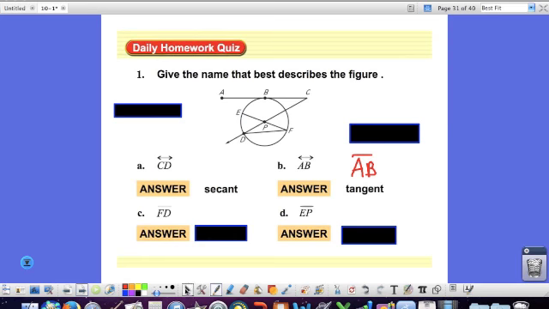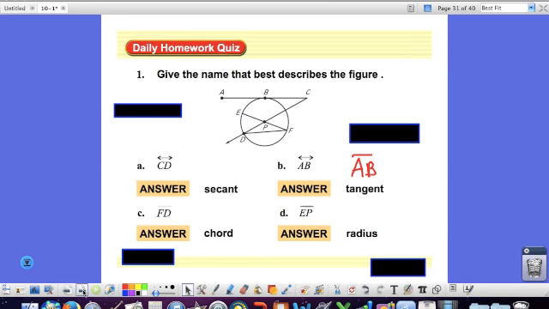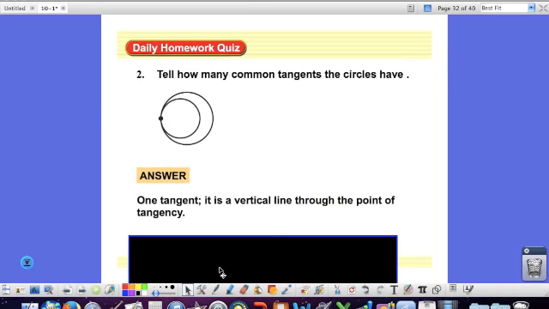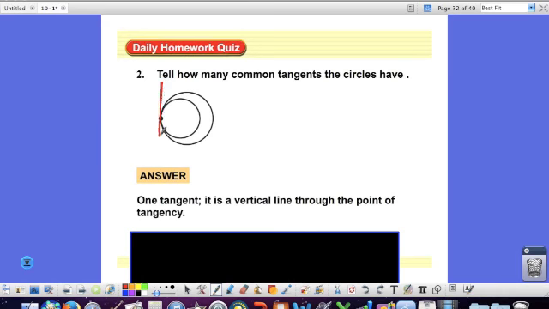FD is a chord, and EP is a radius. This circle has one common tangent, and it's a vertical line right there. This will be messed up, but basically right there through the point of tangency.